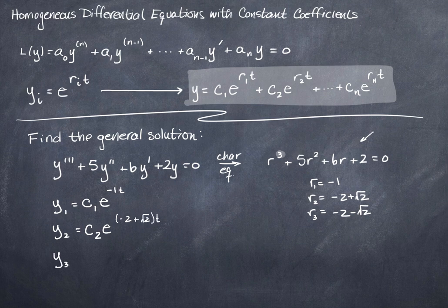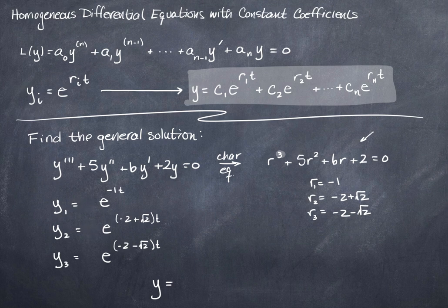And then y sub 3 is a third constant times e to the power of r sub 3 times t. And so our general solution is, I got ahead of myself actually, the distinct solutions do not include these constants, right?